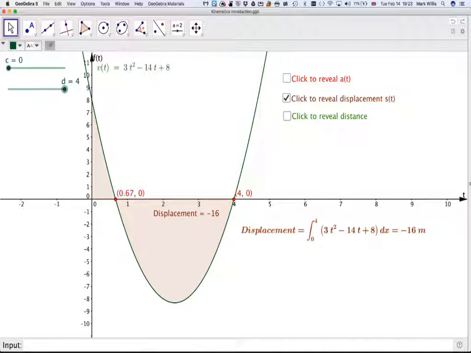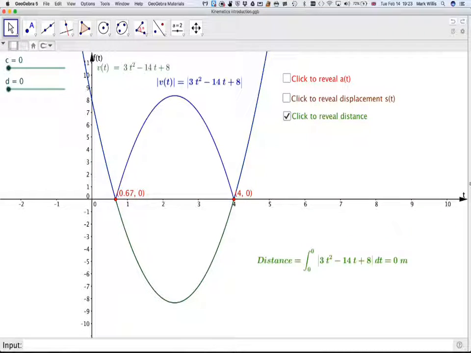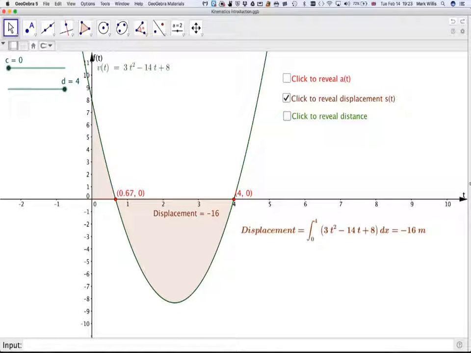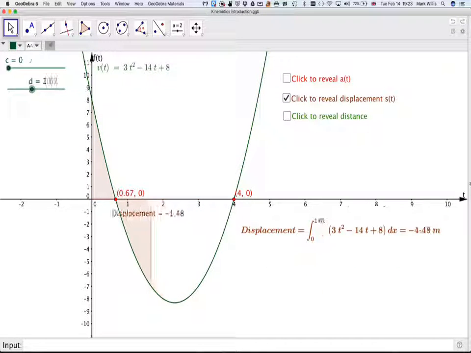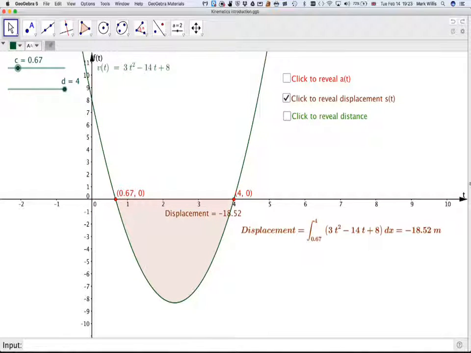Okay, so we'll just get rid of that as well. And I'll put that back to there, and let's just click for distance. So for distance, again, the first bit's the same, but then if we do the absolute value bit, it will work that bit out again. That will save you, just go back to this one second, having to integrate that and then doing another separate integral of that and adding the two areas together.